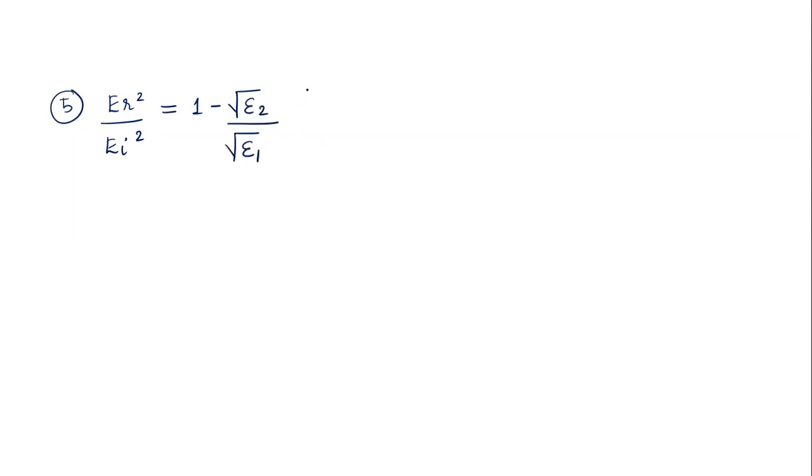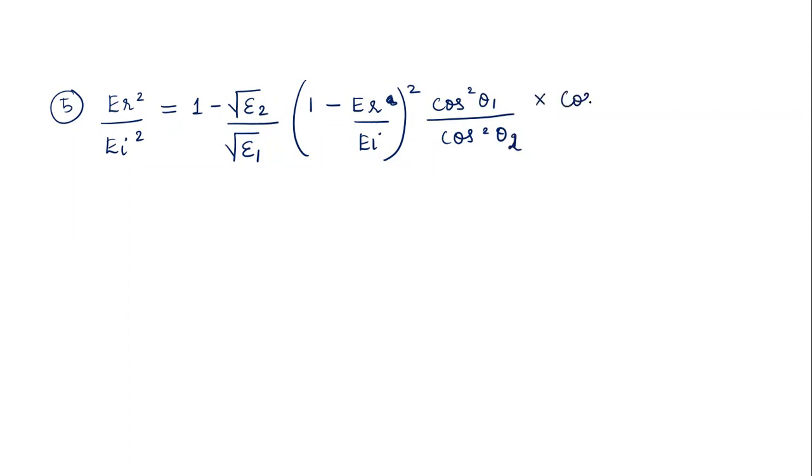What will come inside this? 1 minus ER upon EI, I will put it as whole square, into cos square theta 1 upon cos square theta 2. Sorry, this is 2. Into cos theta 2 upon cos theta 1.